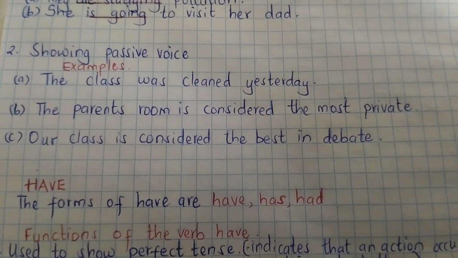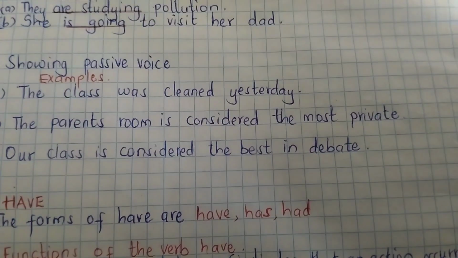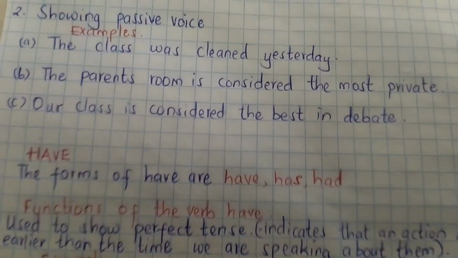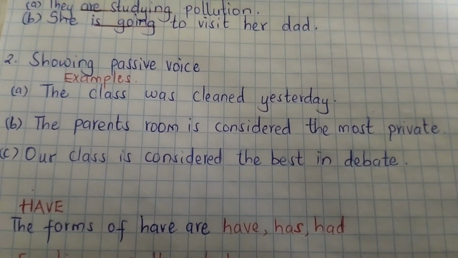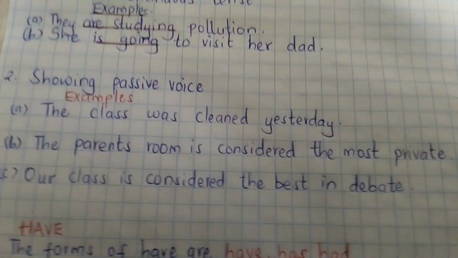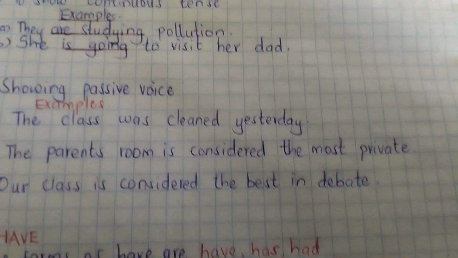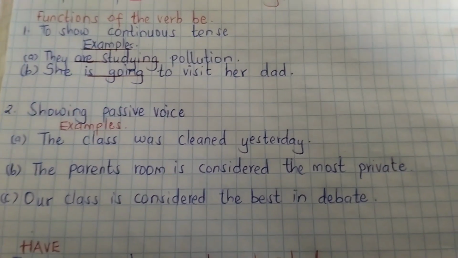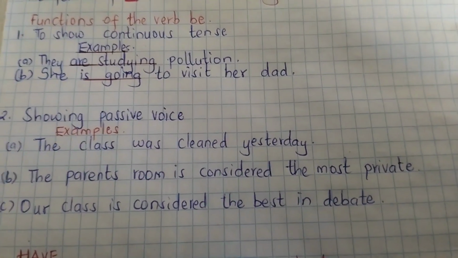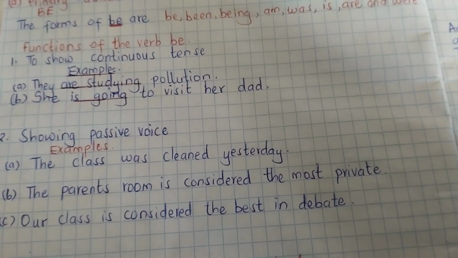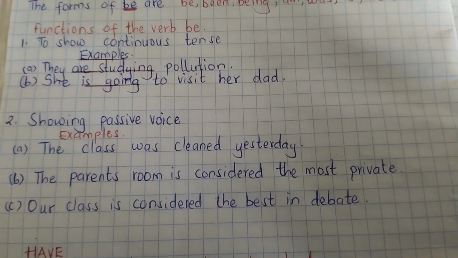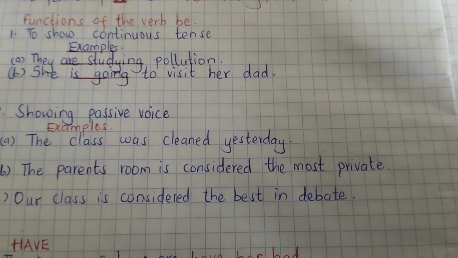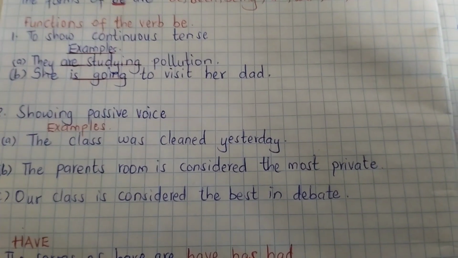Rather, we concentrate on the object. Before we move on to the other auxiliary verb, let's go over the functions of the verb be. Number 1, to show continuous tense, and number 2, to show passive voice.